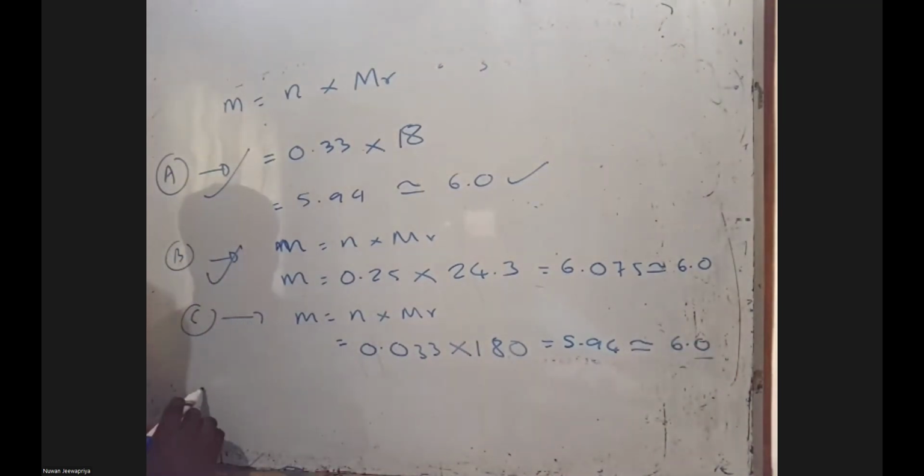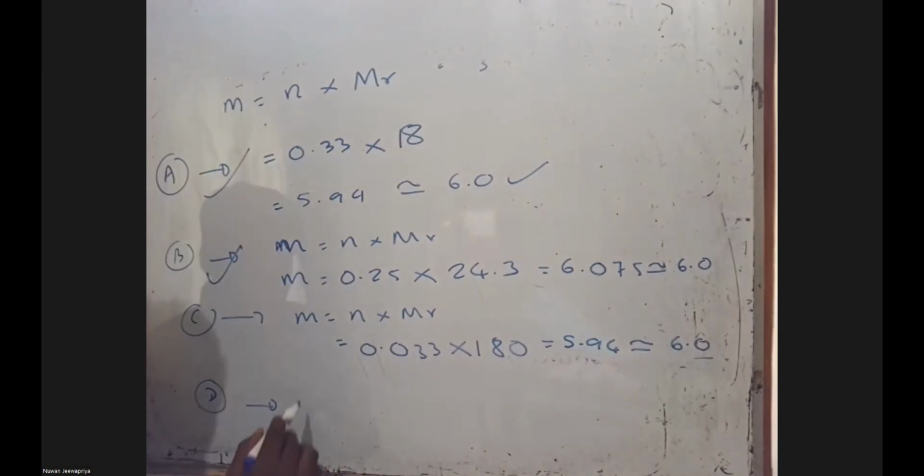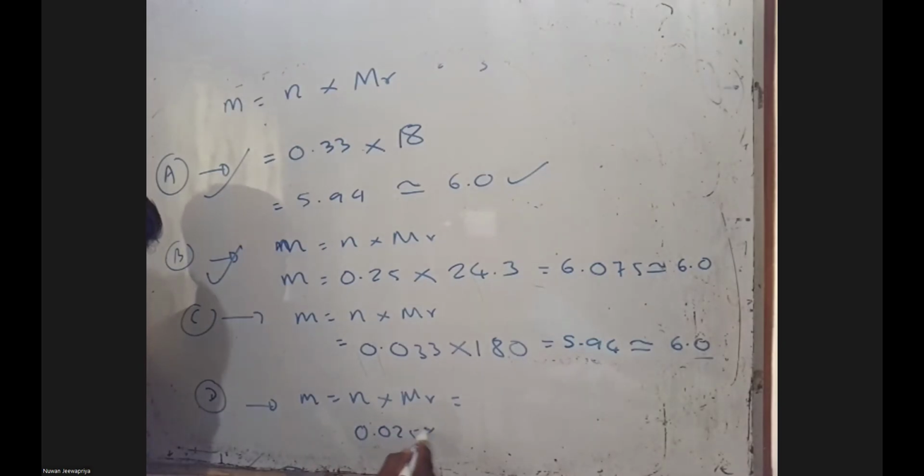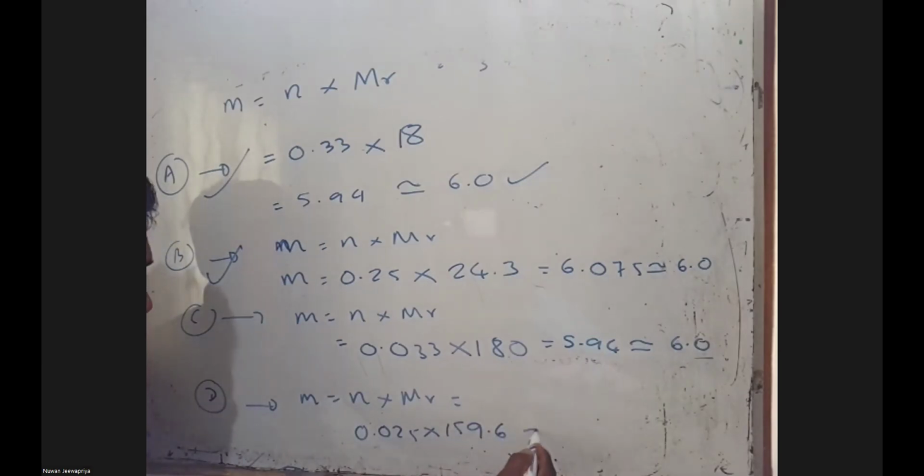And the next one, D, mass equals moles into molecular mass. Moles is how much? 0.025. Molecular mass is how much? 159.6.